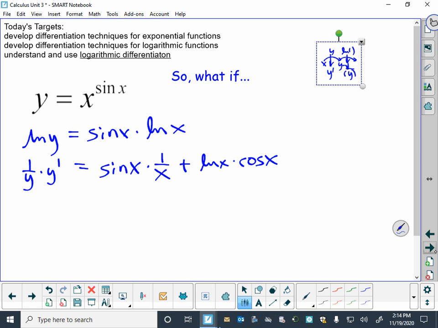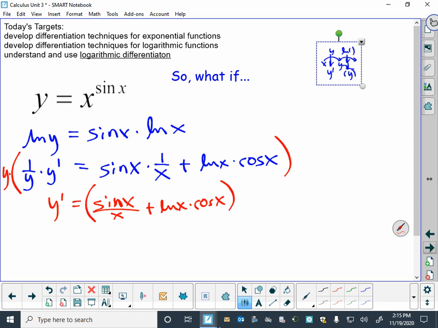It would say y prime if I multiplied both sides by y. So if I multiplied by y on both sides, I'm going to get that y prime is sine x over x plus natural log x times the cosine of x, and all of that is times y.